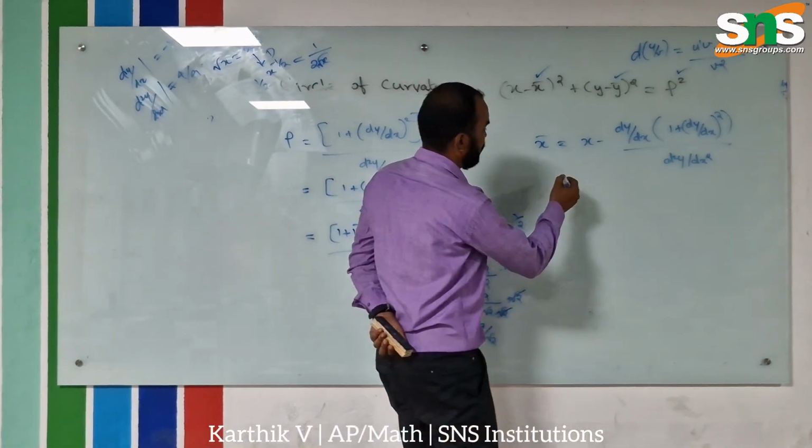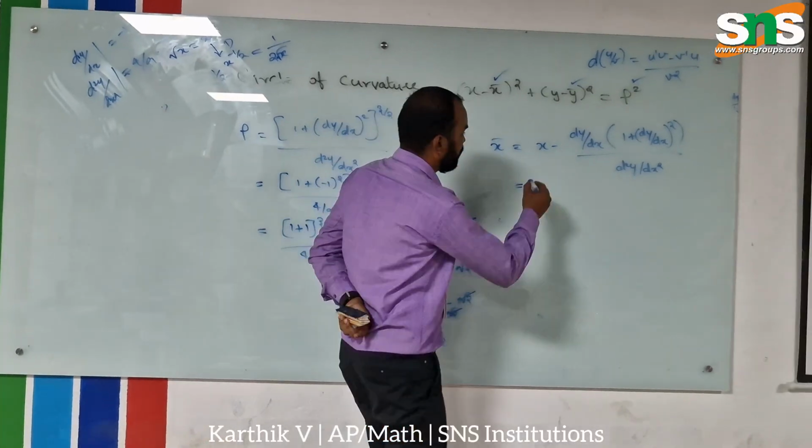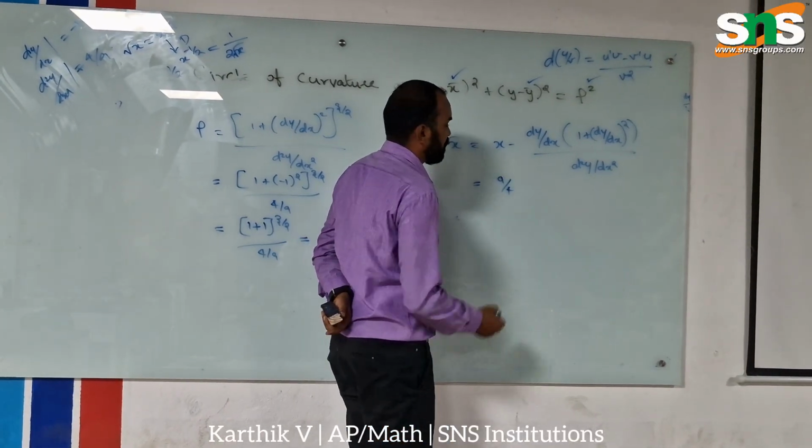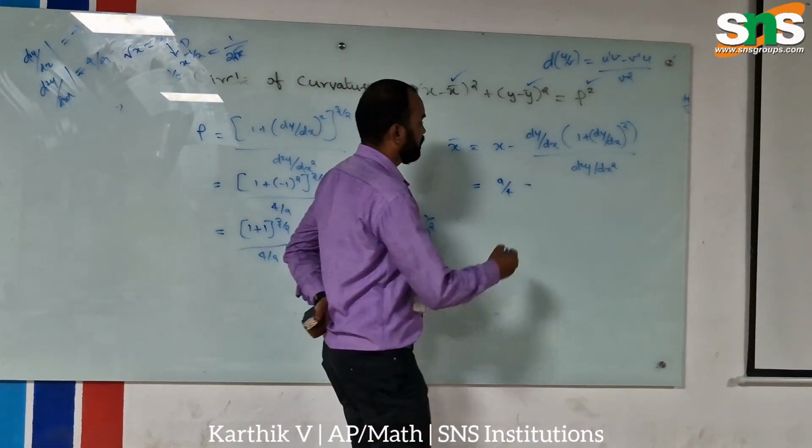Here the x value is a by 4, given in the formula. a by 4 minus dy by dx at the point, whose value is minus 1.